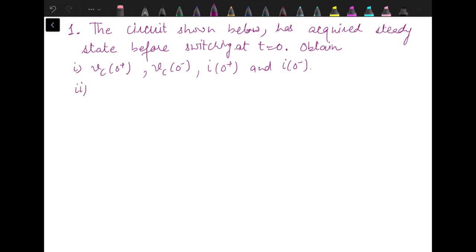Second part is time constant for t greater than 0, and third part is Vc(t) for t greater than 0.